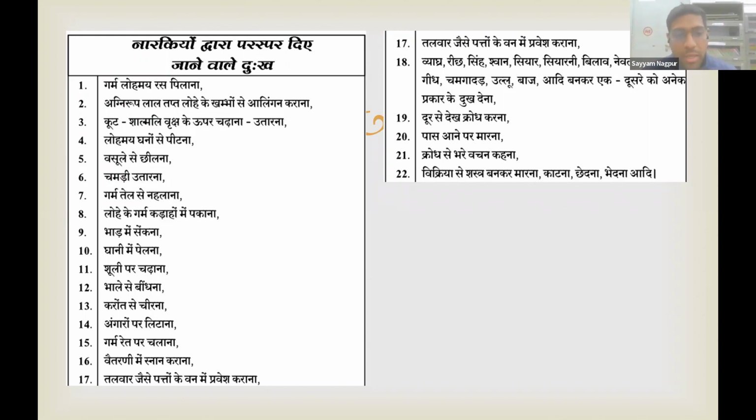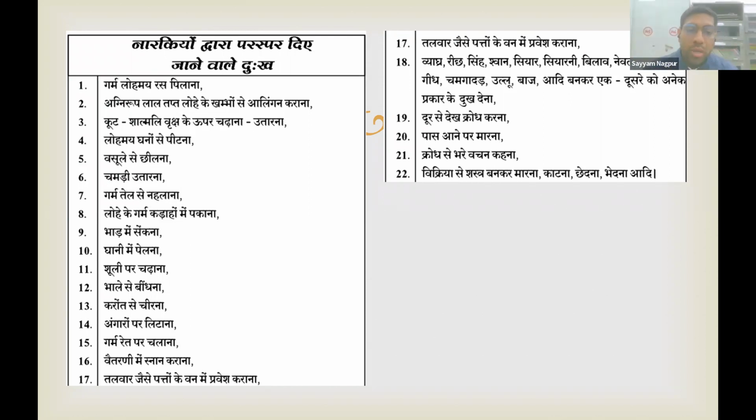Next is 11th one, shuli par chadhana. Shuli means the bow. It's called in archery, bow, and what is the other one called? The arrow, sorry, arrow. Yeah, bow and arrow. So imagine a situation where arrows are dug vertically into the land, and then somebody is put into it.